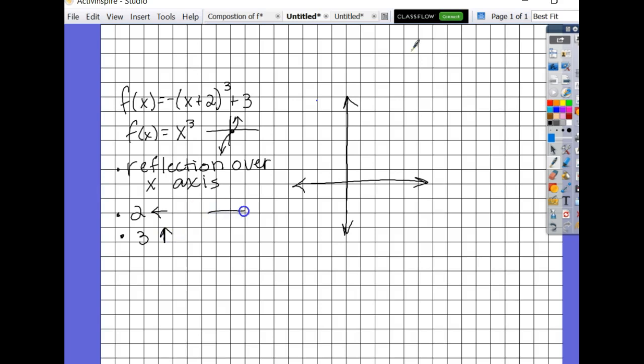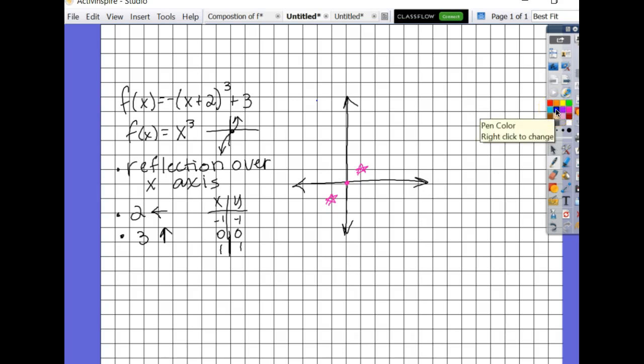So the points I'm going to use, nope, so these are the points. Those are my anchor points. So I'm going to do all of the transformations to those.